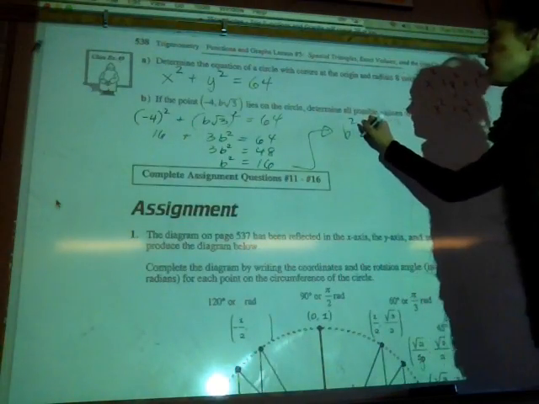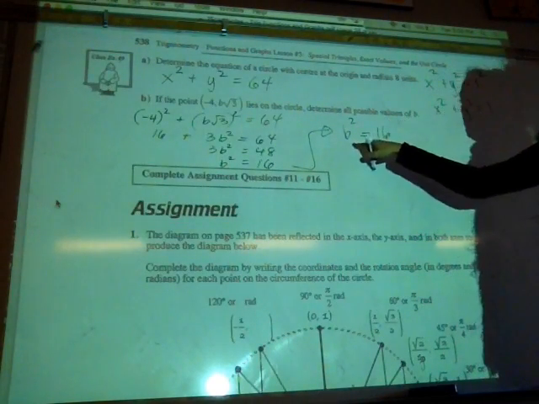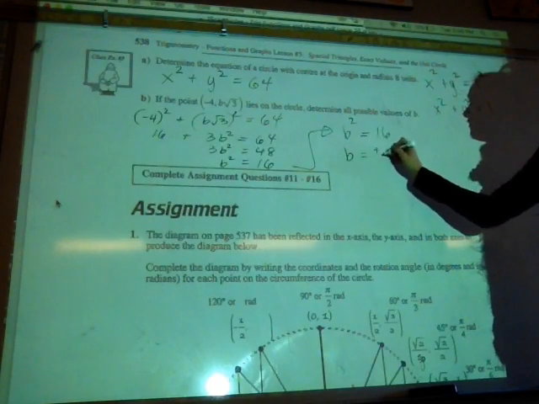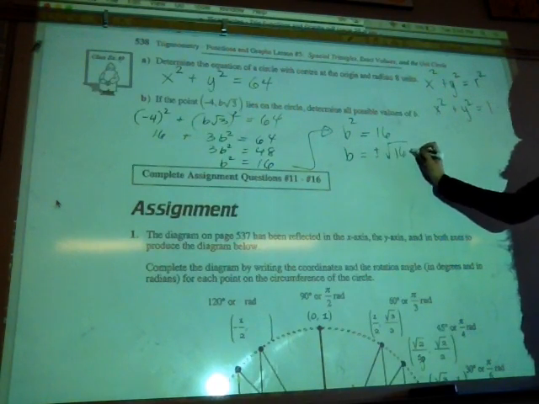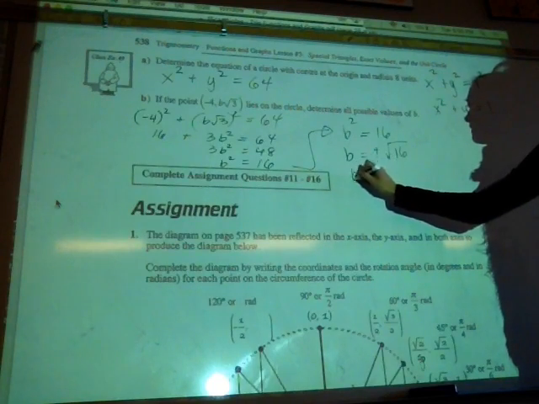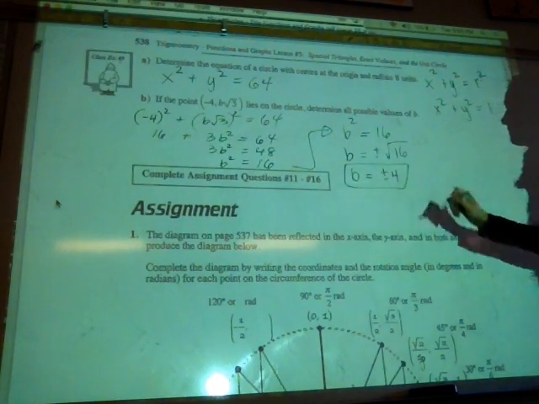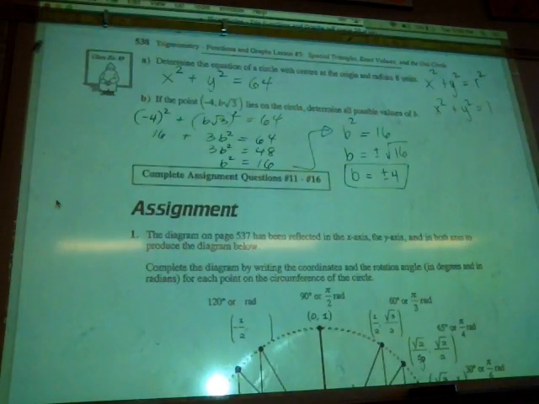And b squared equals 16. To get b on its own, we have to take the square root of both sides. And don't forget to take the positive and negative square root. So b could be positive or negative 4. Voila.